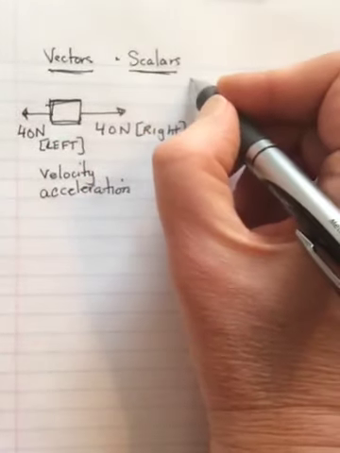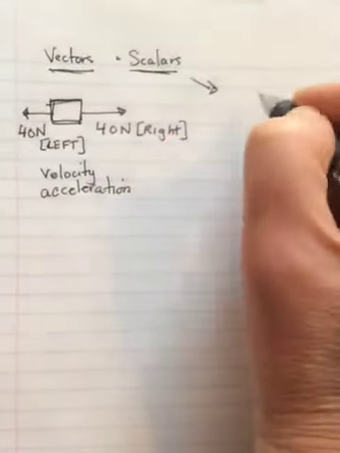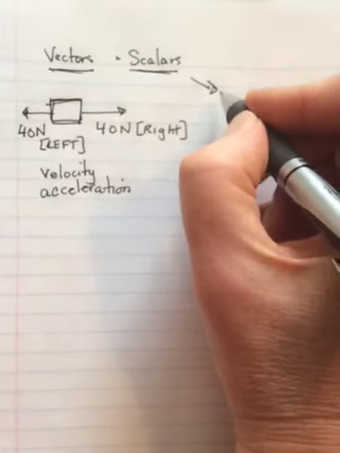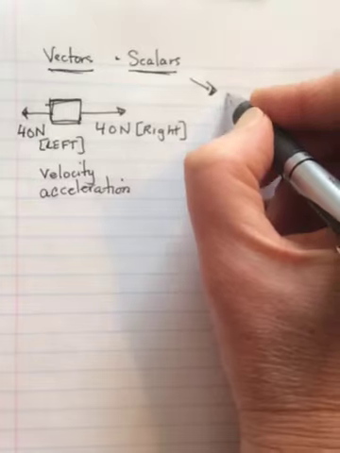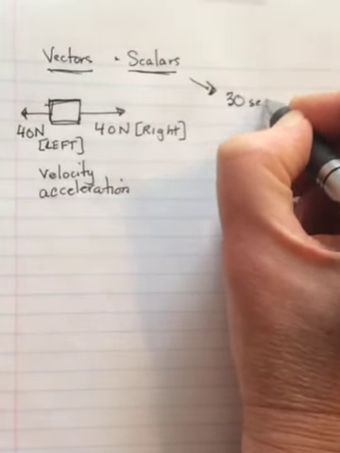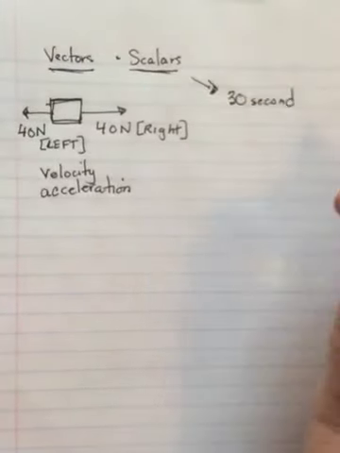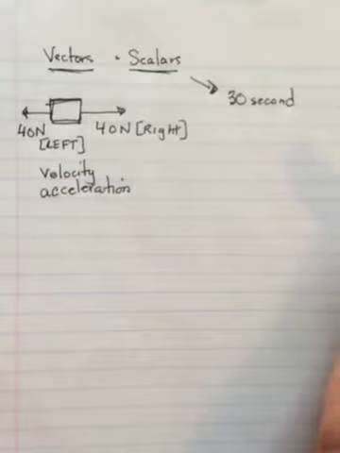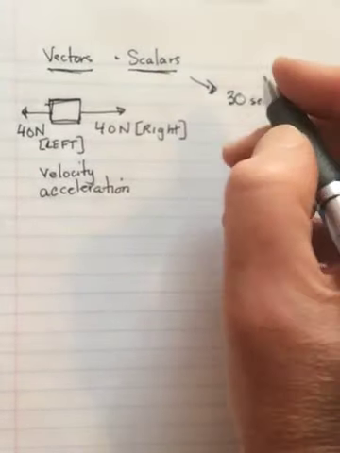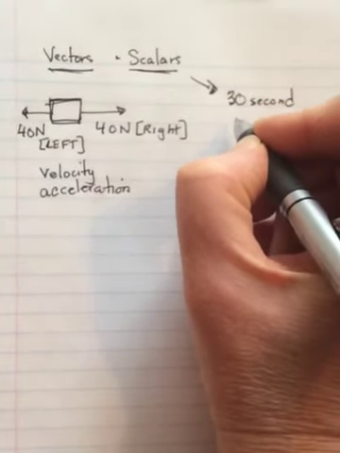So those are vectors. Scalars, on the other hand, are a lot easier. Scalars are just things that have a magnitude. For example, time, 30 seconds is a scalar. You would never say 30 seconds east. How long did it take you to come to school today? 10 minutes north. No, we don't say that. Temperature is also a scalar.